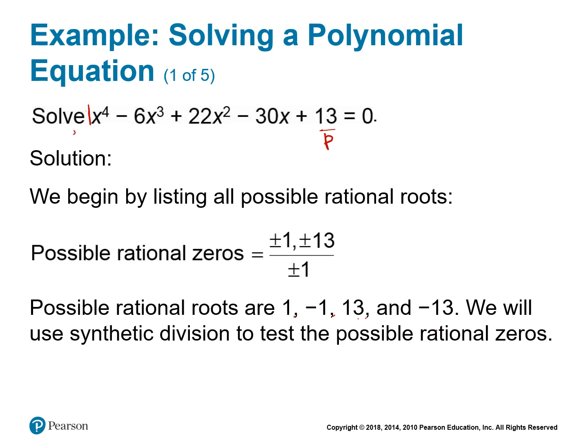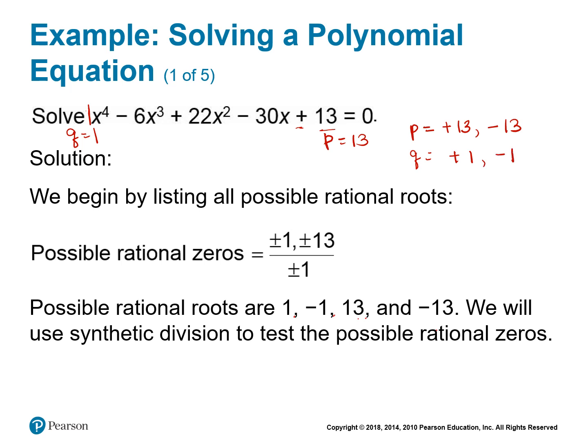So in this case, q equals 1 and p equals 13. The factors of p would be plus and minus 13, and q is going to be plus 1 and minus 1.